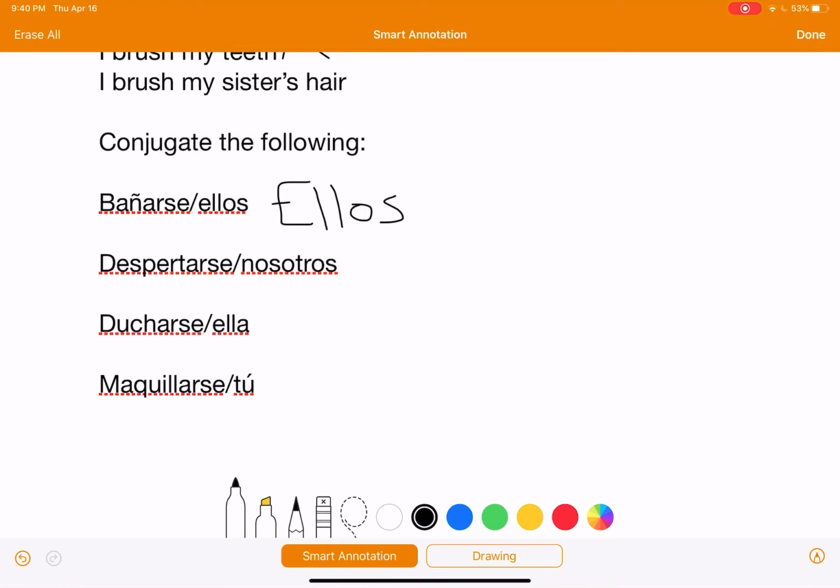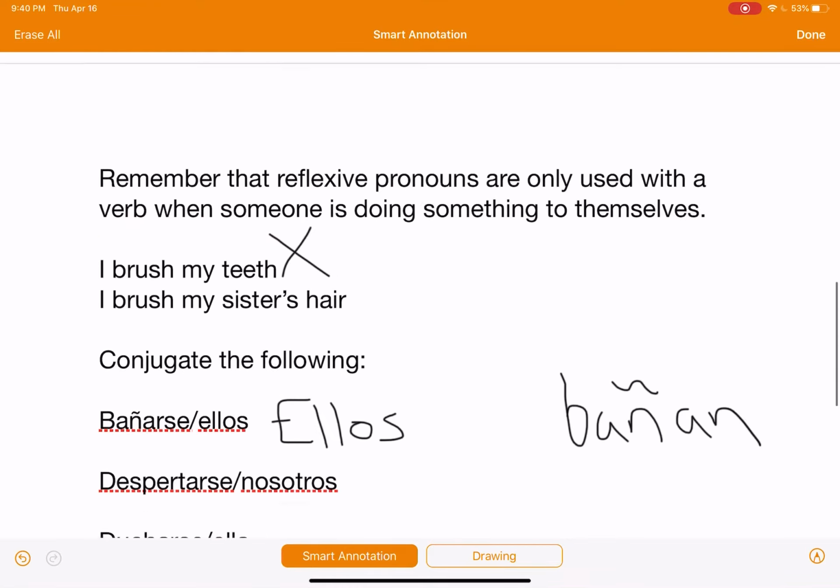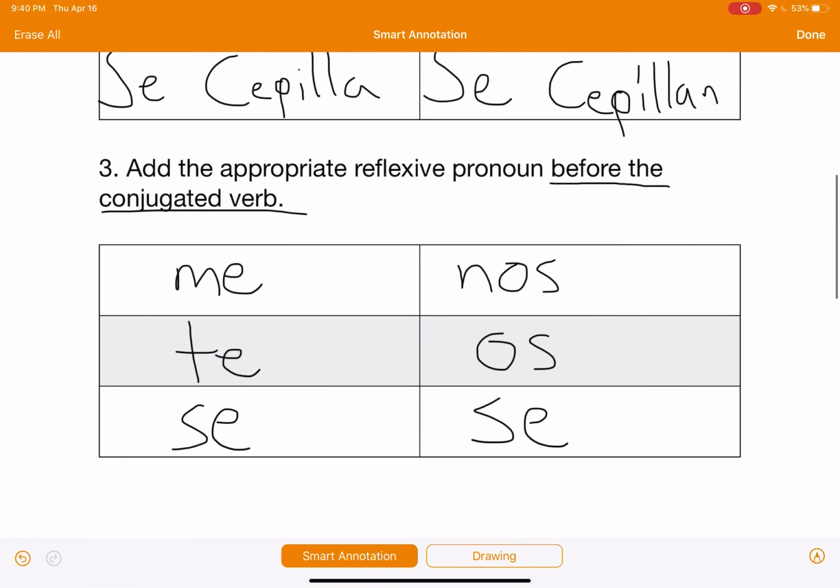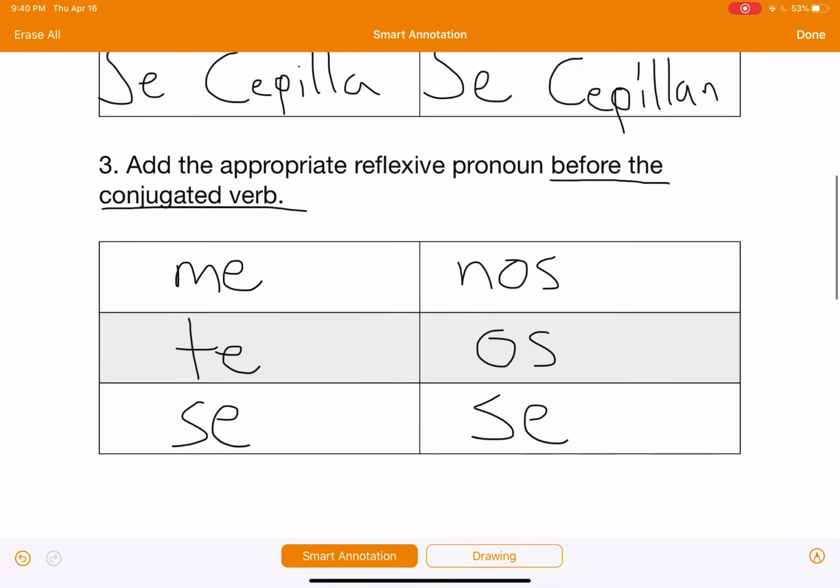It's going to be bañan. Now I remember from back up here that my reflexive pronoun goes before the conjugated verb.